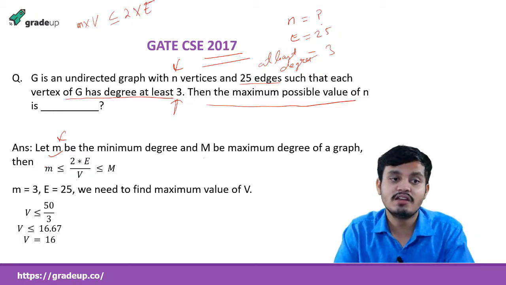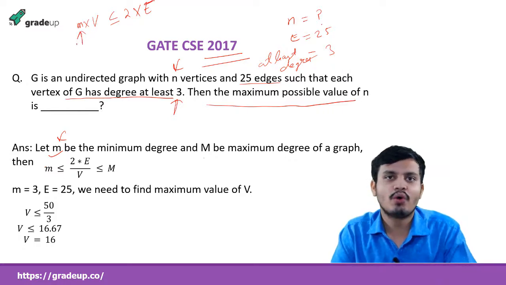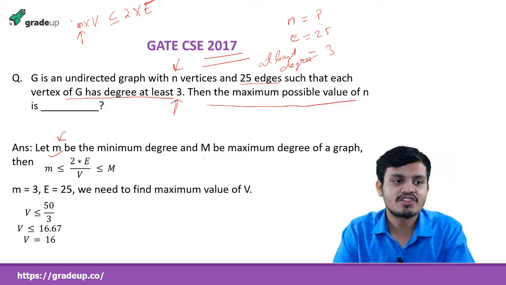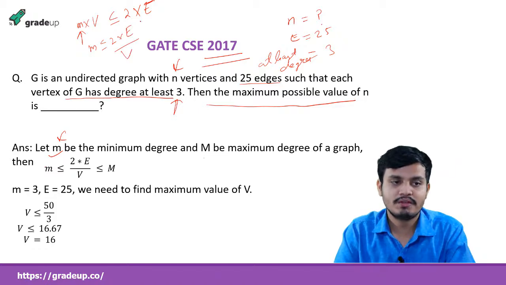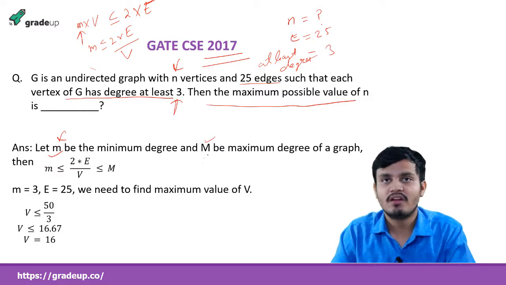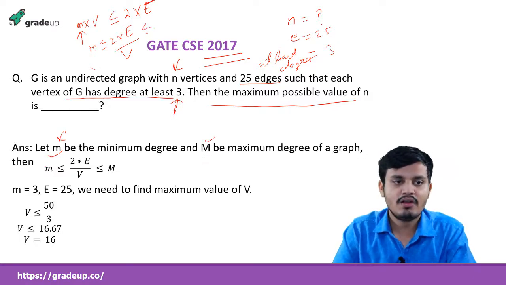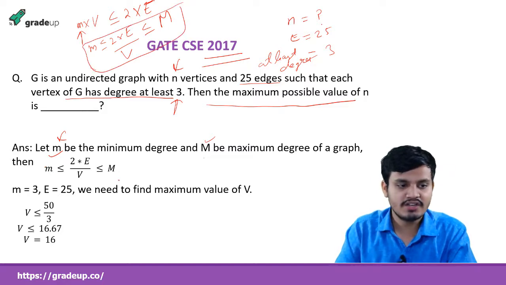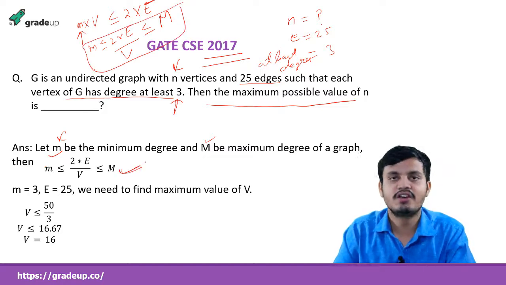Why will it be less than or equal? Because I am doing some kind of approximation. For that I assign the minimum value to every vertex. So I will get m is less than or equal to 2 into e upon v. Similarly, what if I assign the maximum M? Then it will be less than M. Okay. So this is what is written here.